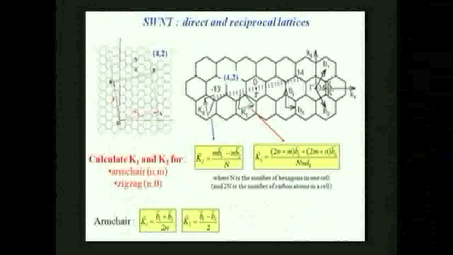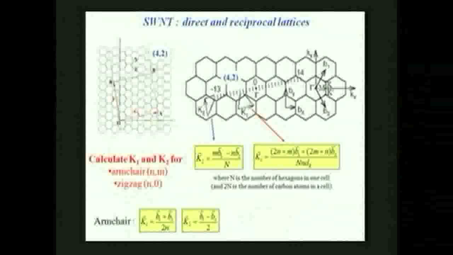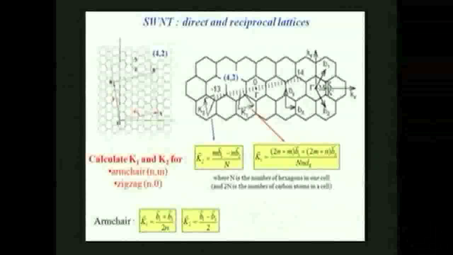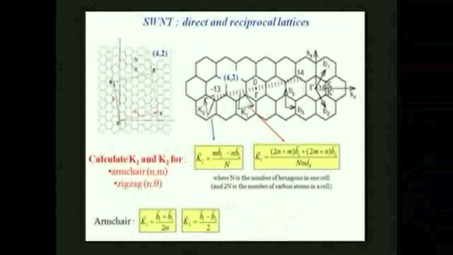So when you replace n and m by n and n, you will be able to simplify this. You will also be able to simplify because you know that the number of hexagons is equal to 2n. We calculate it together. So this complex expression will simplify to this simple one.